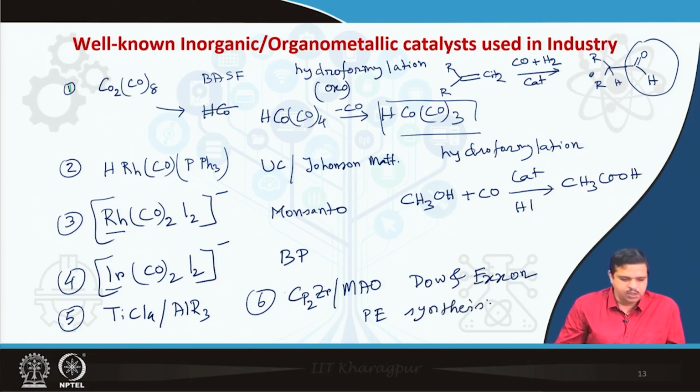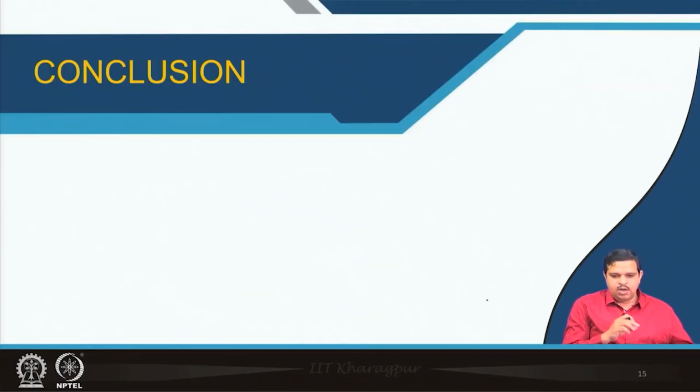So, from here it is very clear how organometallic catalysts or transition metal complexes are very much related to various industrial manufacturing processes.